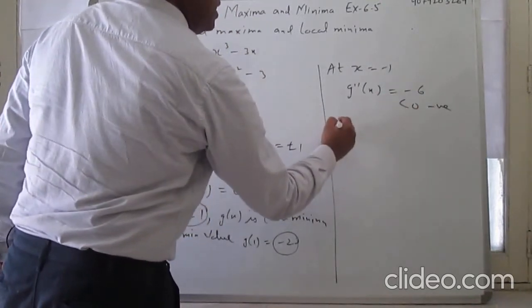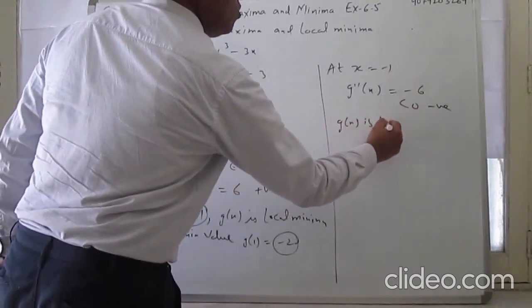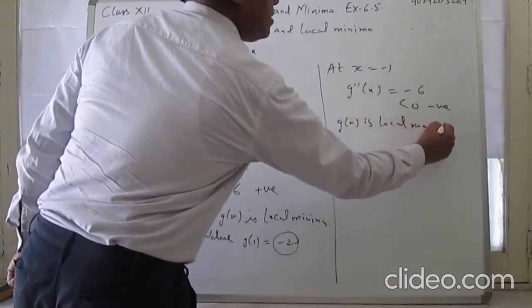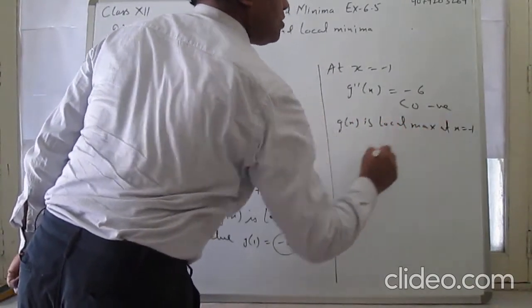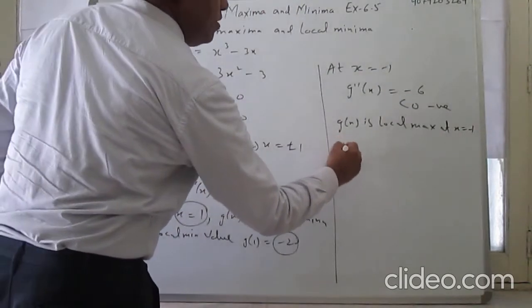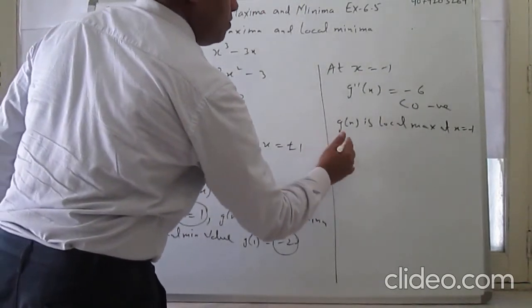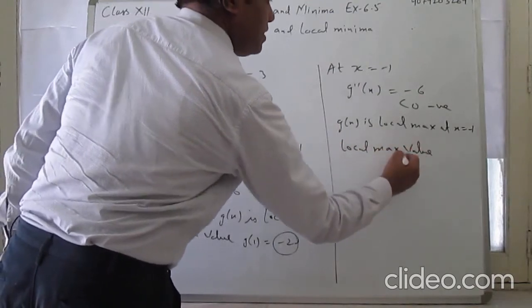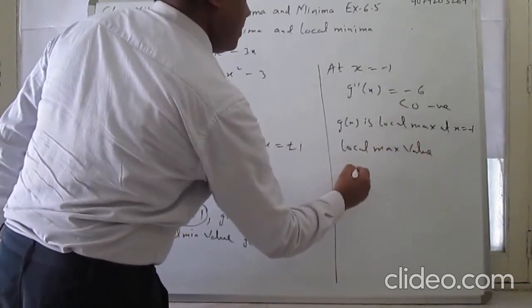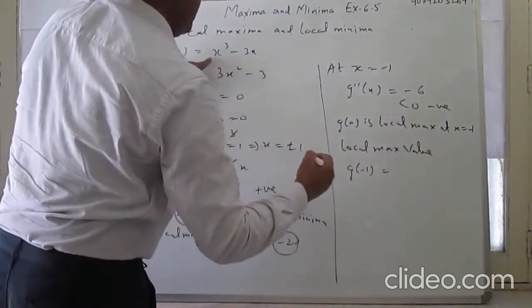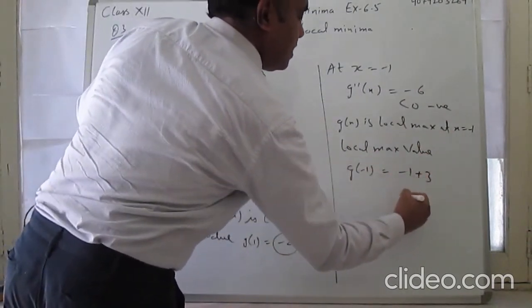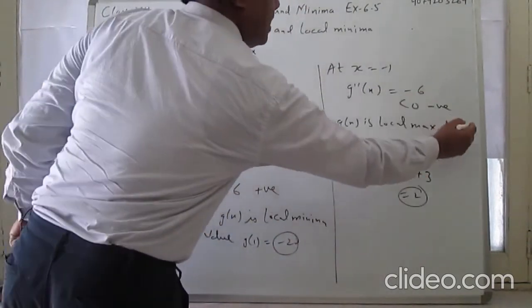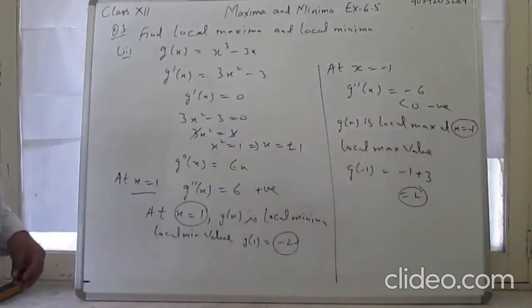So g(x) is local maxima at x is equal to minus 1. So what will the local maximum value be? Local maximum value is g(minus 1), which is minus 1 plus 3, that is 2, at x is equal to minus 1.